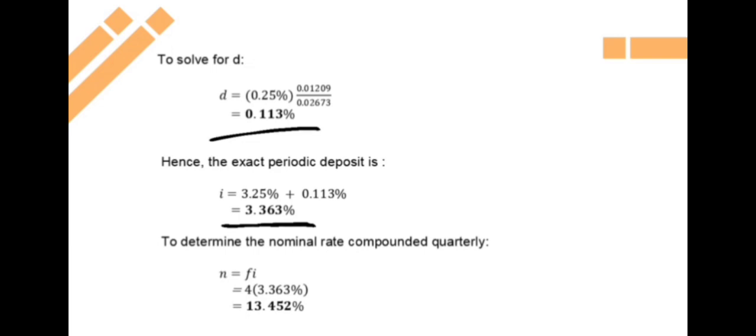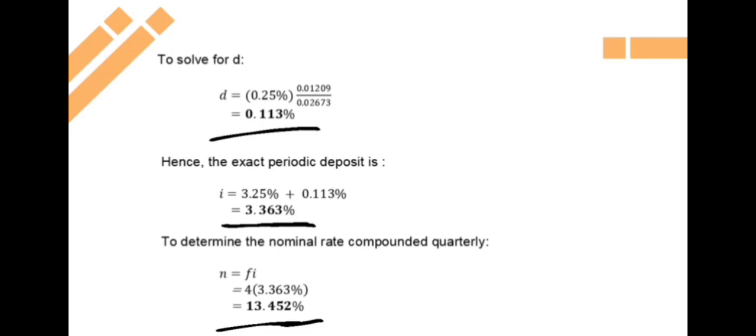So, para makuha natin yung nominal rate compounded quarterly, sa procedure 5 is i-multiply lang natin yung frequency of conversion sa nakuha natin na exact periodic deposit. So, it will result in 13.452%.